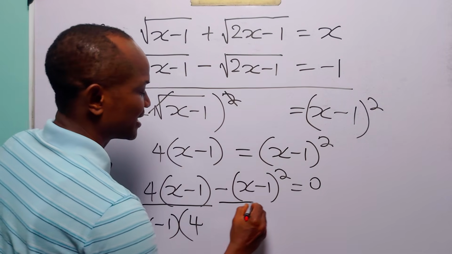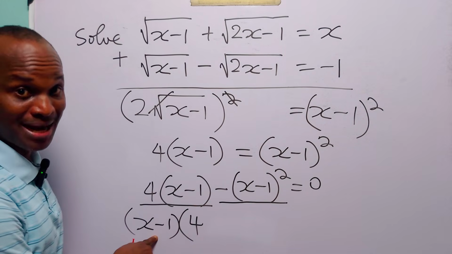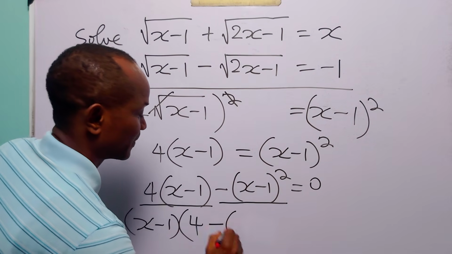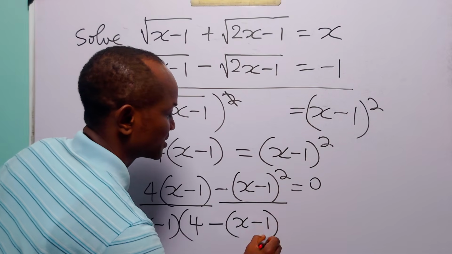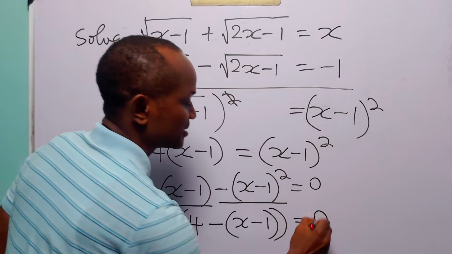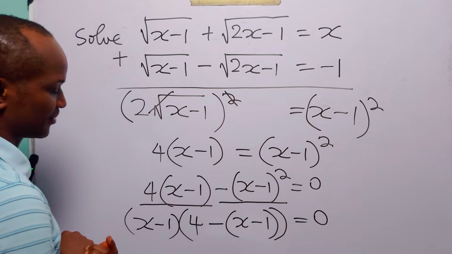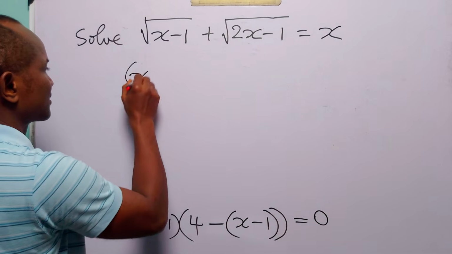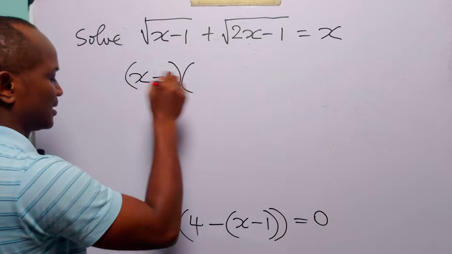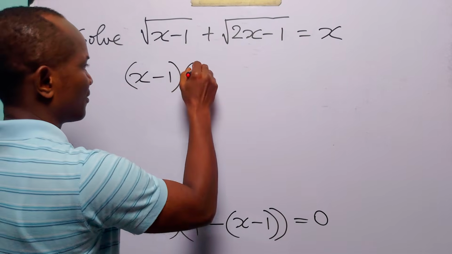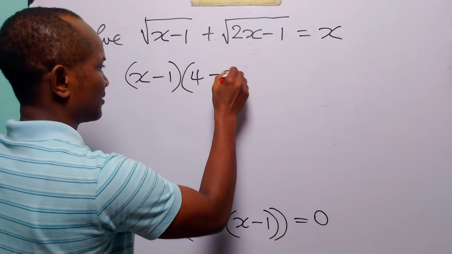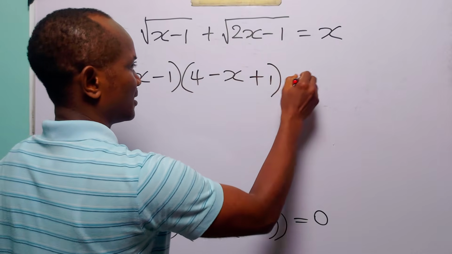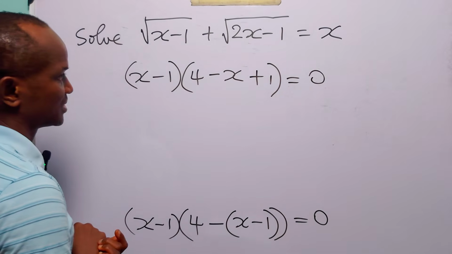And when you divide this term by x minus 1, you are left with minus x minus 1. And this is equal to 0. Simplifying this, we have x minus 1 into 4 minus x. Minus minus is plus 1, and this is equal to 0.